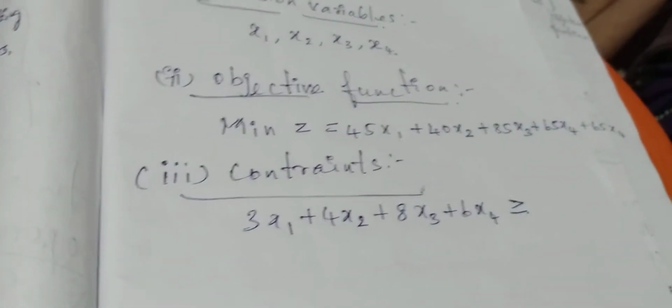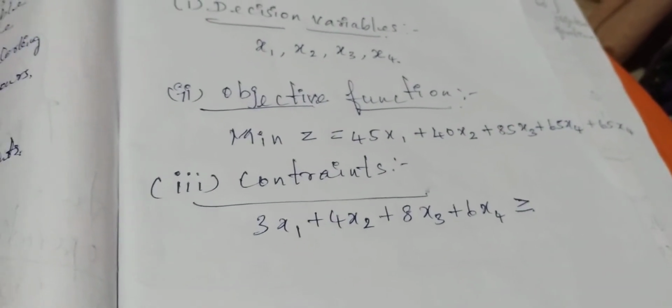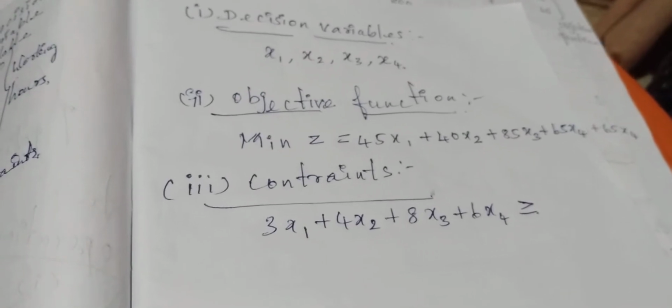So I am writing 3x1 plus 4x2 plus 8x3 plus 6x4. Here you can see I am mentioning greater than or equal to. Why am I mentioning it like this? Because it is the minimum value they have given in the question paper.